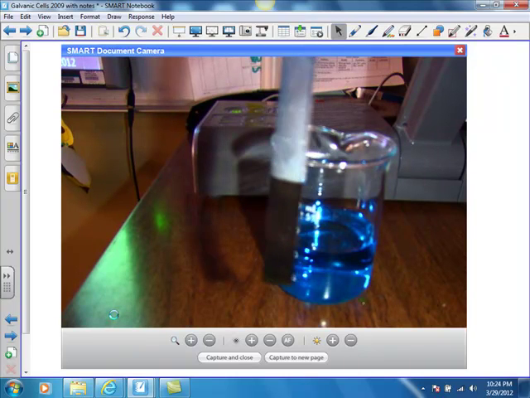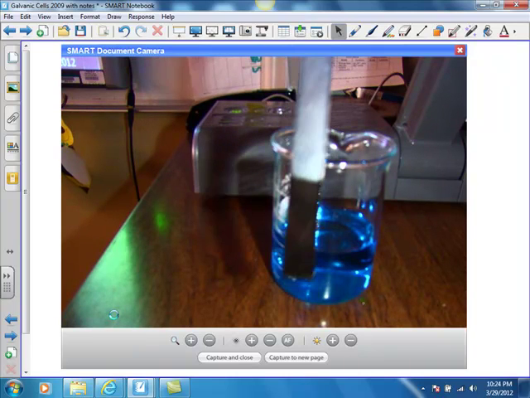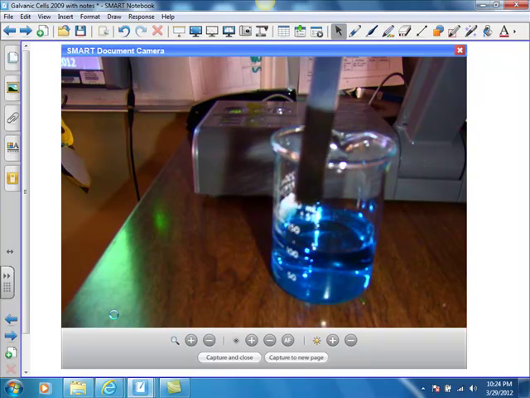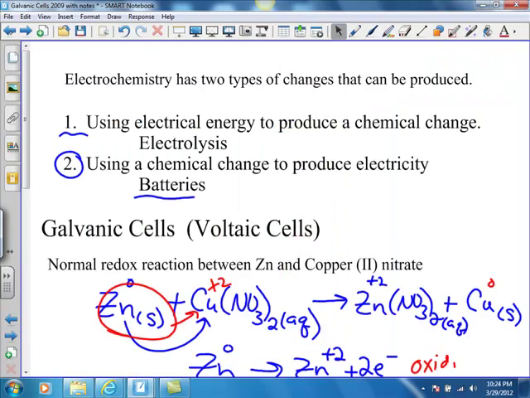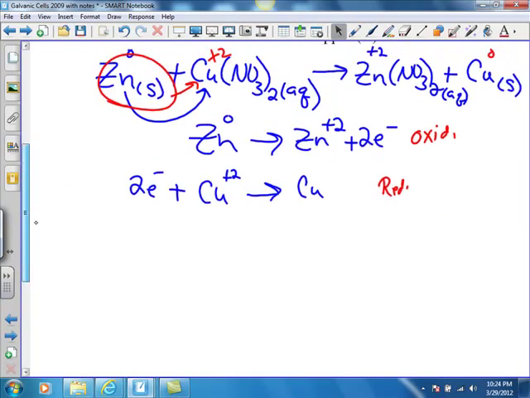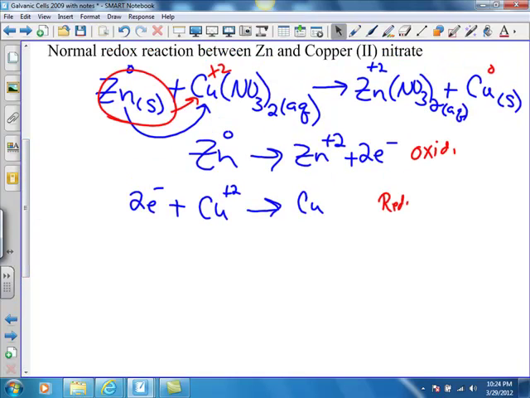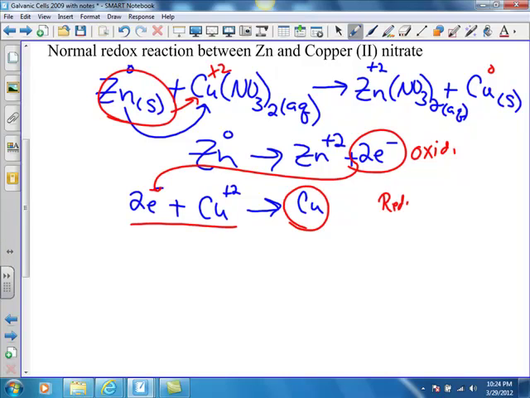But you can see that there's a direct contact here, and if I leave this in long enough, I know it looks black right now, but it will become that copper color eventually. And that's all happening because we have an electron transfer. These electrons are transferring themselves to the copper, and the copper is becoming copper 2. And we can do that by direct contact.